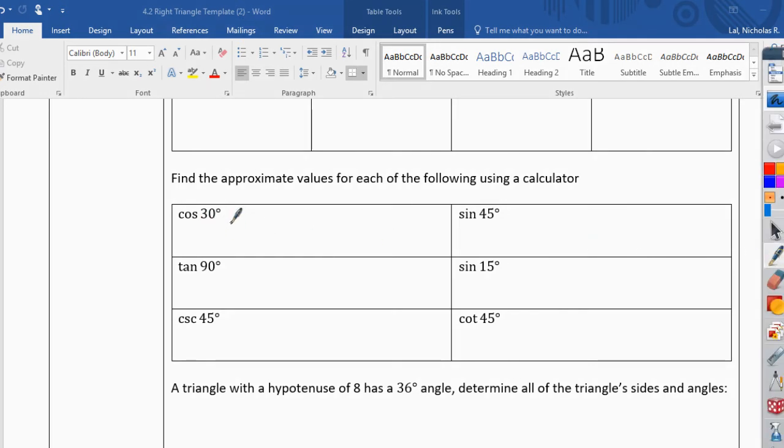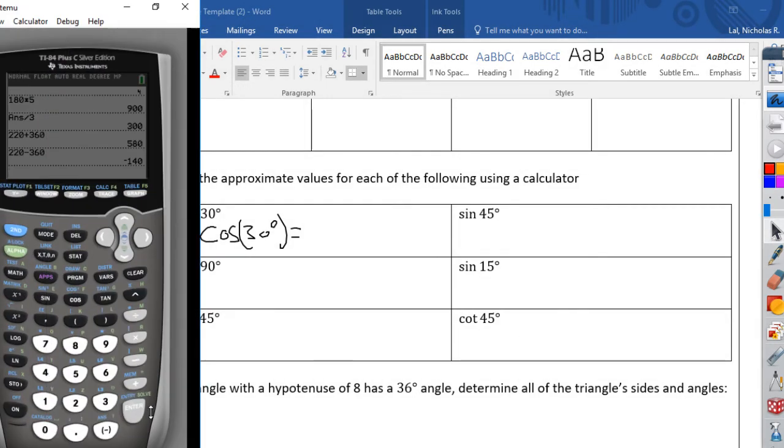So the cosine of 30. That should be root 3 over 2. But when you approximate that in your calculator, you should find that the cosine of 30 is 0.866.